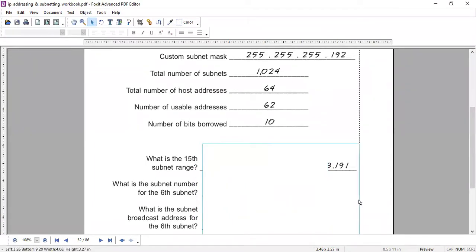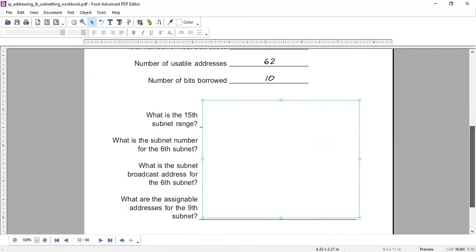Now find out the ranges. When you're finding ranges, no need to start from the first one. You have a thousand subnets, so you can't start from the first one and go up to 1000. You find out the binary pattern of each subnet, that is the 15th, 6th, 9th, like that.